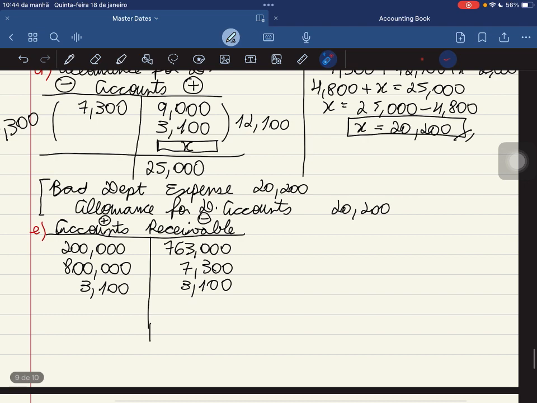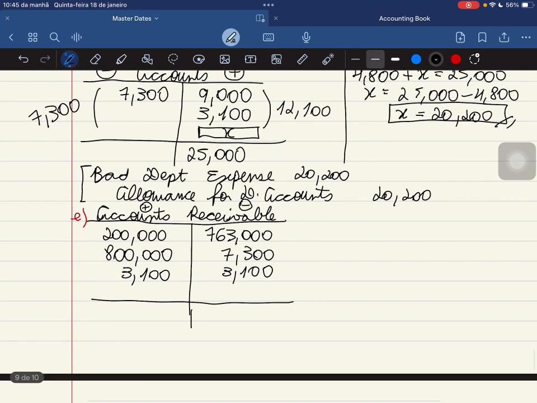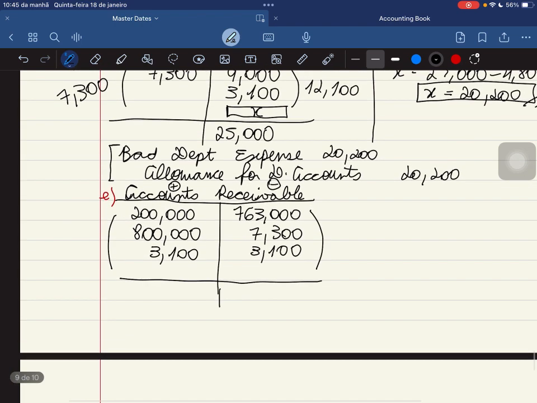All right. So here we just want to know how much is that? If we add all this up, what is my ending balance, either here or here? Same thing. We add each side at a different time. So here we're going to have about 1,003,100, and here how much is that?